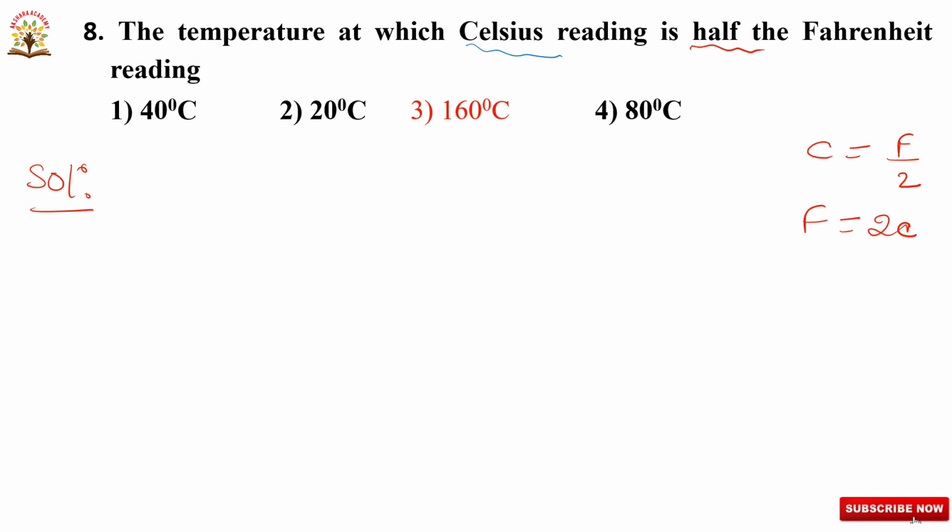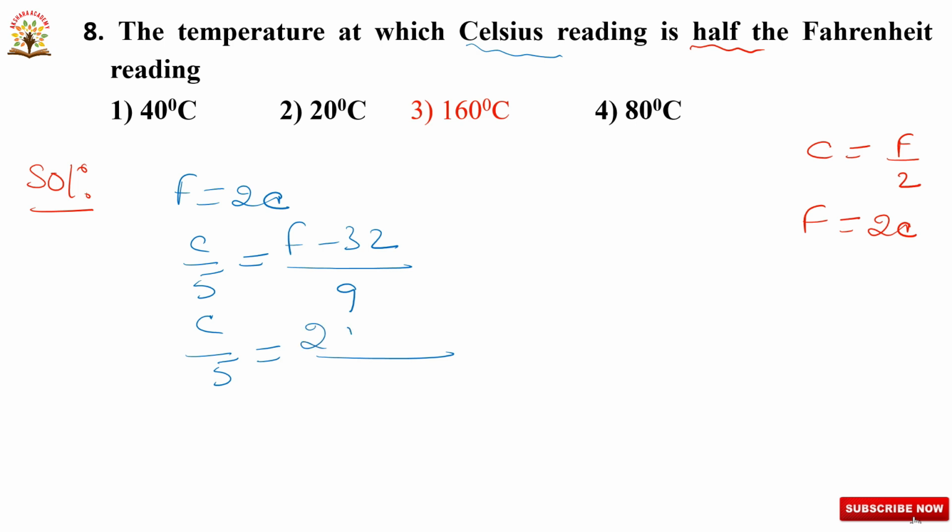So C is equal to F by 2, so F is equal to 2C. Now the relation between Celsius and Fahrenheit is C by 5 is equal to (F minus 32) by 9. They have given F is equal to 2C. So substituting, C by 5 is equal to (2C minus 32) by 9.